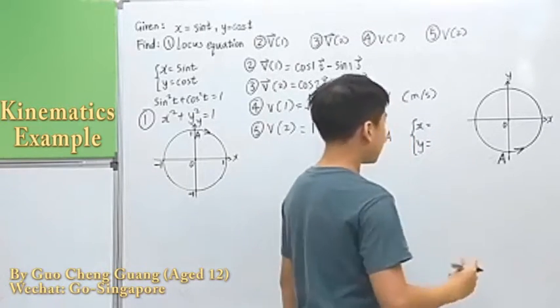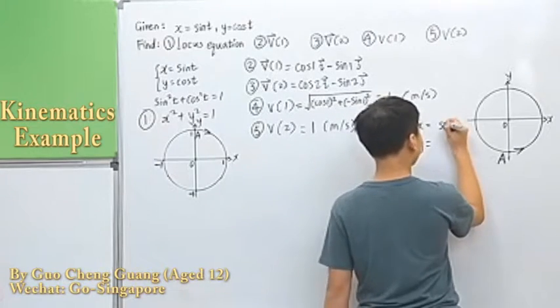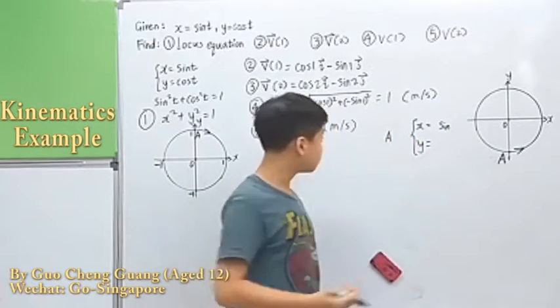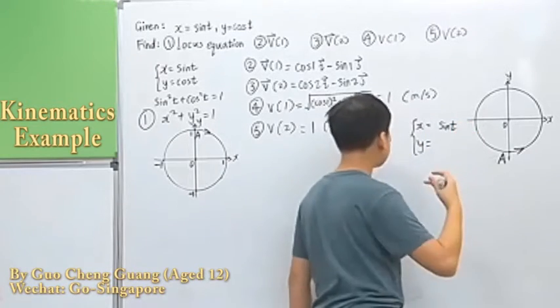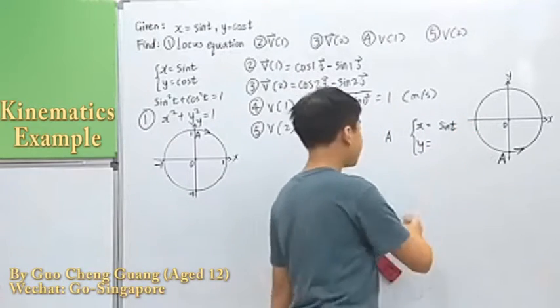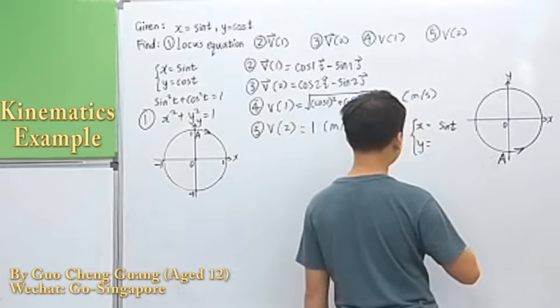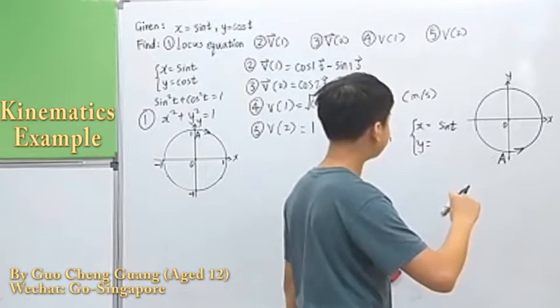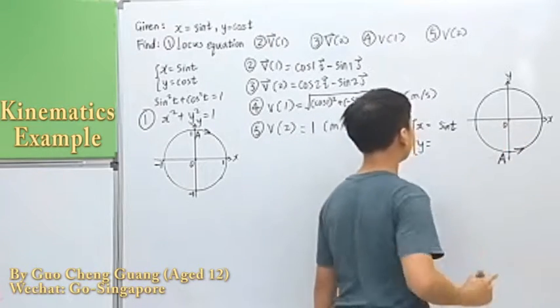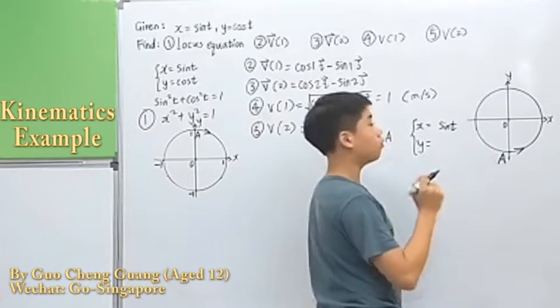So X has to start from 0, and there will be sine, then of course it is t. So sine t just gradually increases. Okay, yes it does. Then next part is for y.